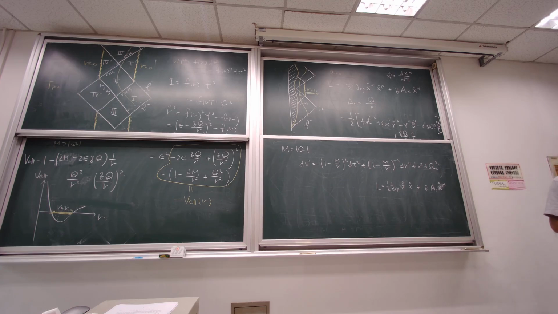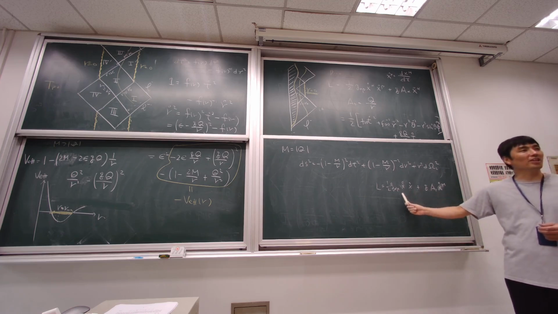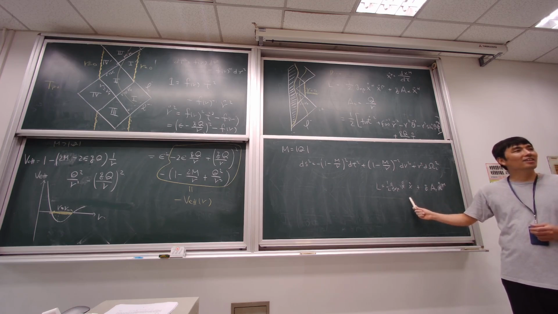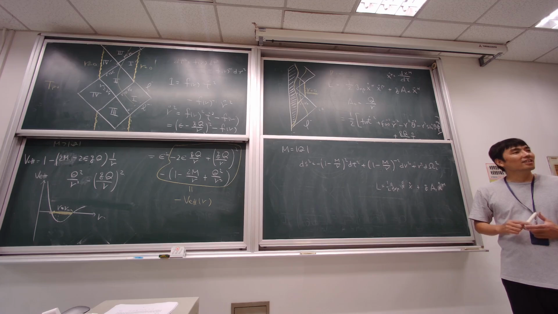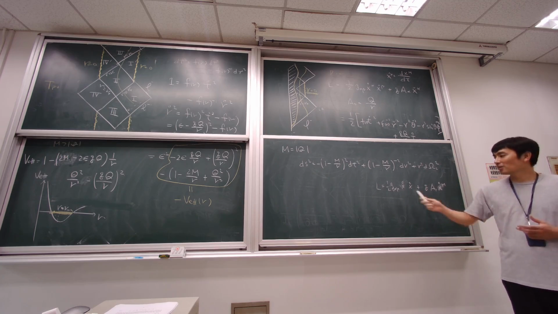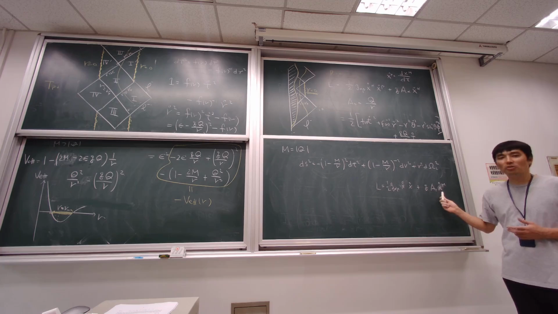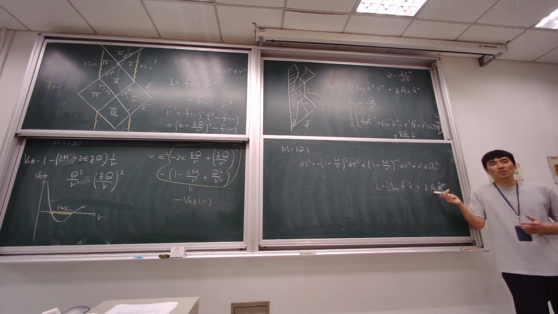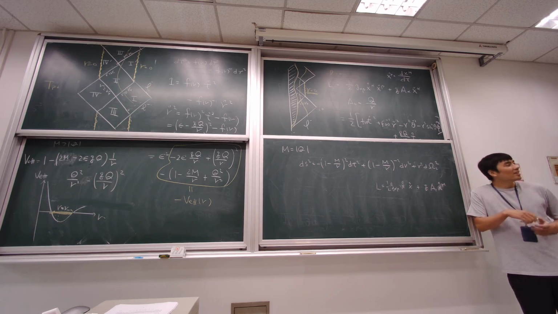So this is clearly dimensionless, right? dx over d tau is dimensionless, right? This should be dimensionless, which means mu is the mass, and q has a mass. What's going on here?